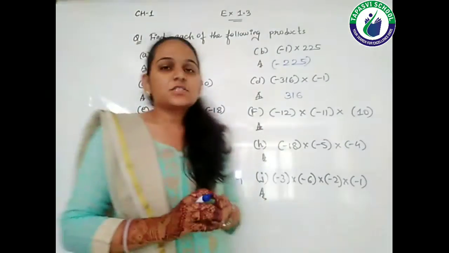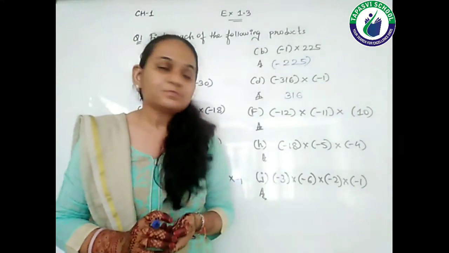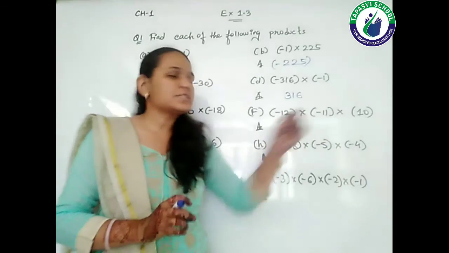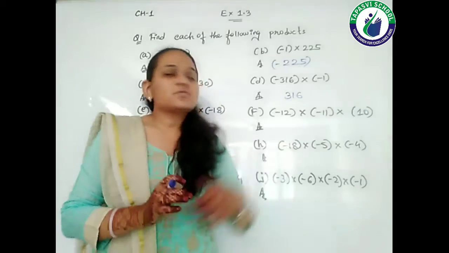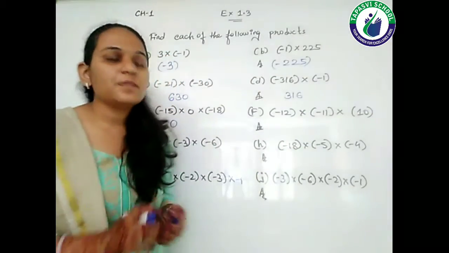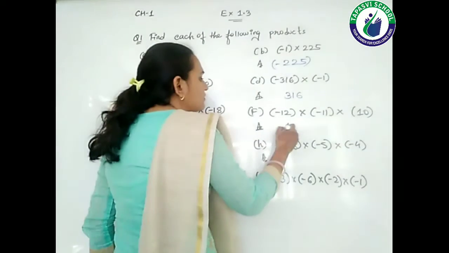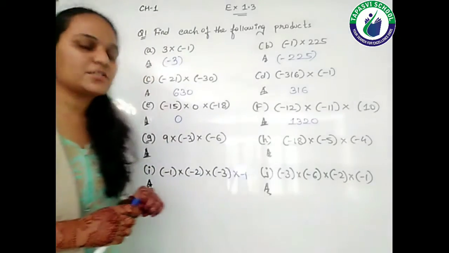Next one, minus 12 multiplied by minus 11 multiplied by 10. So 12 11s are 132, and you multiply by 10, so you will get 1320. And minus minus becomes plus, so the answer is 1320.